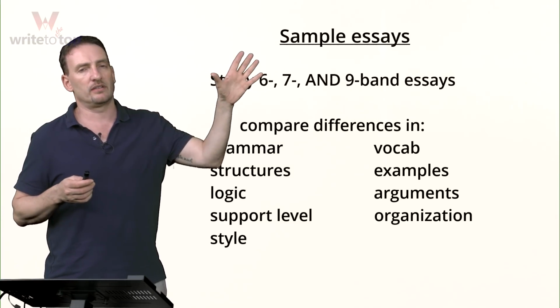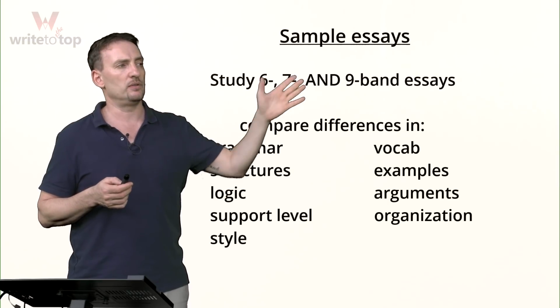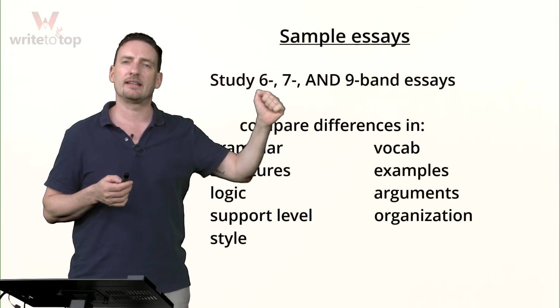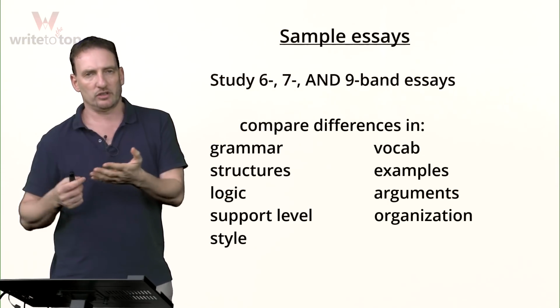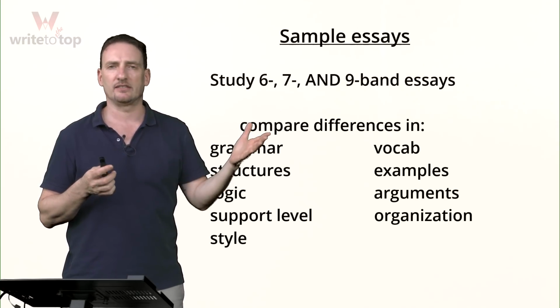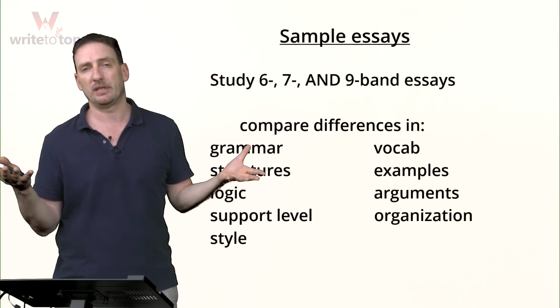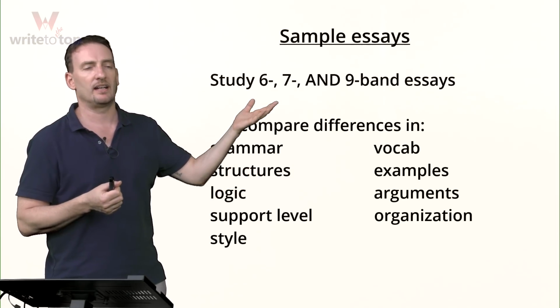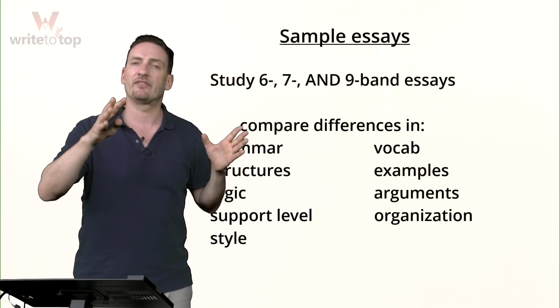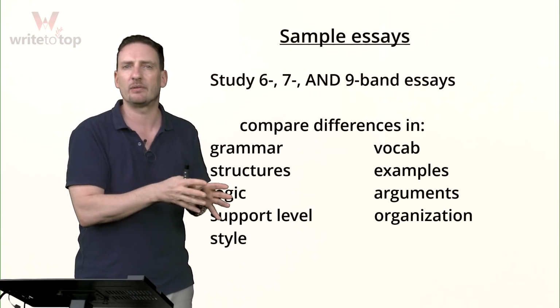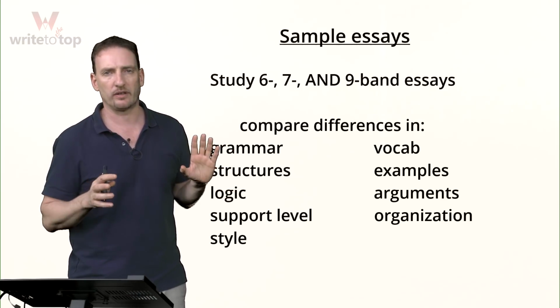And of course, the most important thing you need to do is study sample essays. Now, what you should do is find very good essays online and find real essays written by real people as much as you can. Don't just say, you need a 7.5, so you study only 7.5 essays. Doesn't work that way.